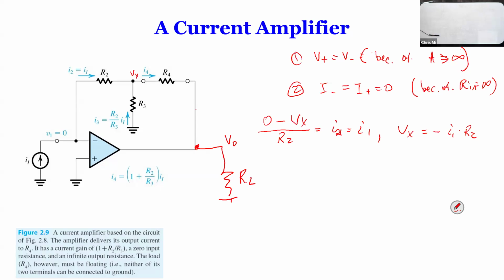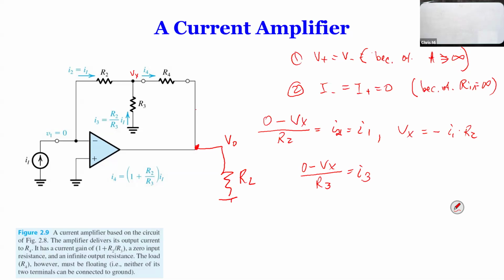Moving on, now we find Vx is negative I1 times R2. Then we can use Vx: 0 minus Vx divided by R3 equals I3.